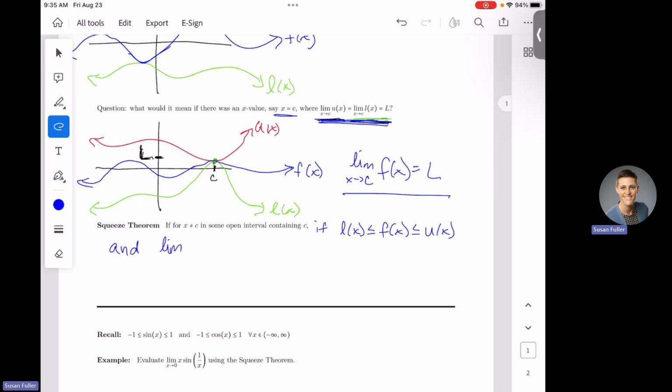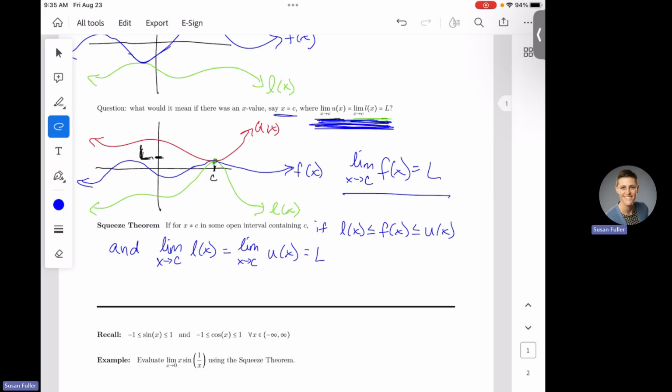and we have the limit as x approaches c of my lower function is equal to the limit as x approaches c of my upper function. And again, I'm going to call that limit L. That's where we started in this situation here.